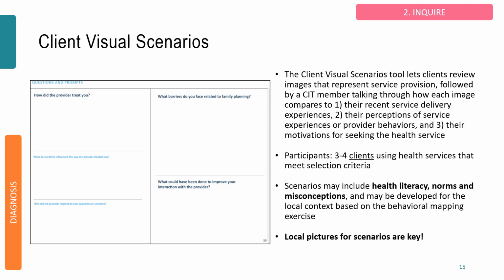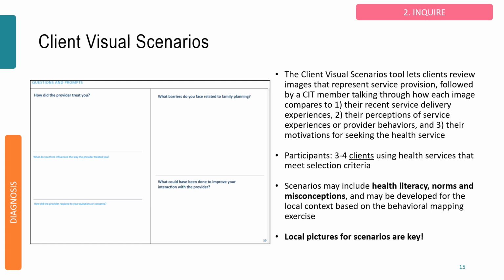The client visual scenarios let clients review images that represent service provision, and then a member of the core implementation team talks to them about their recent experiences and their perceptions of service delivery, how the provider behaved with them, and why they were motivated to seek that health service.